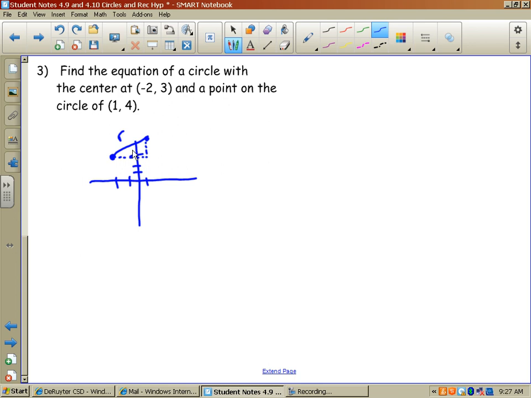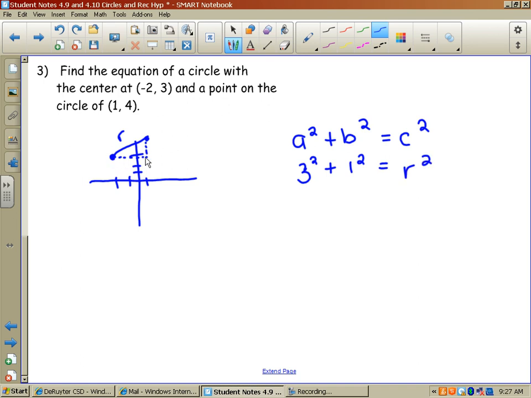So you can simply count. Right? So if this is at negative 2, to go over to here is a distance of 3. Going up from here to here is a distance of 1.